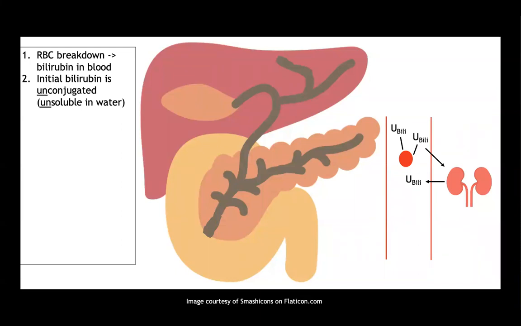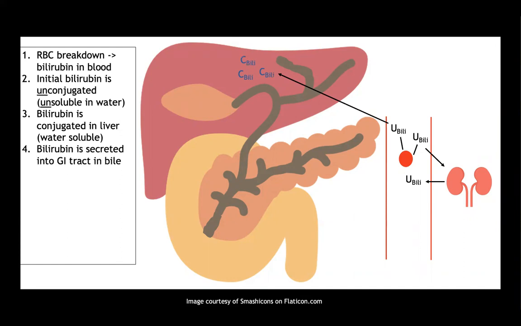So now we have this unconjugated bilirubin that can't escape. It's stuck in our bloodstream. So how do we get it out? Well, the good news is our liver has enzymes that can conjugate this bilirubin. So it will get sent here, and you'll have our UDP glucuronosyltransferase, which we'll talk about in the liver section quite a bit, that conjugates this bilirubin.